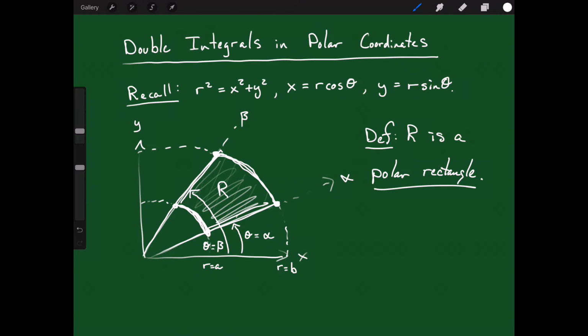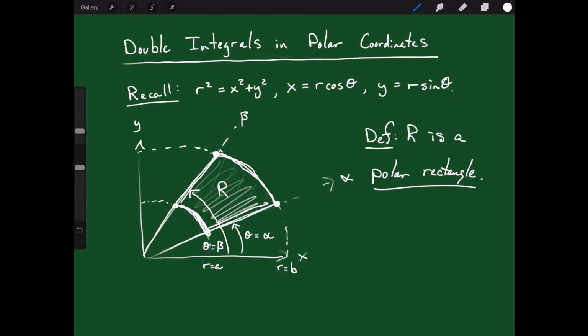Now, what I want to do is take any region that's in the xy plane and break it into polar rectangles. So what I'd like to know is, how would I find the area inside of a polar rectangle? What is the area inside of that polar rectangle?